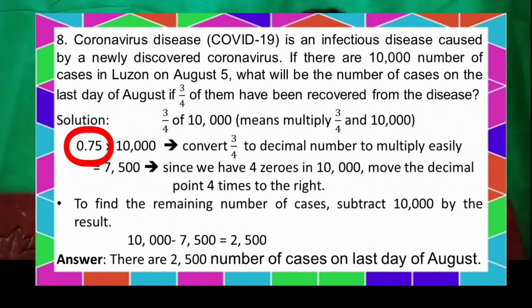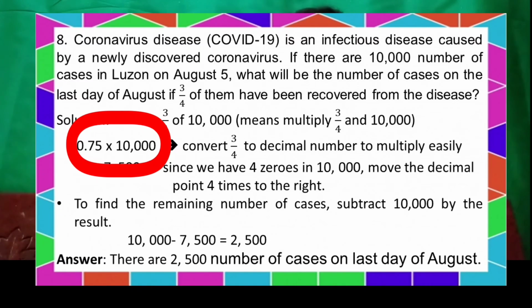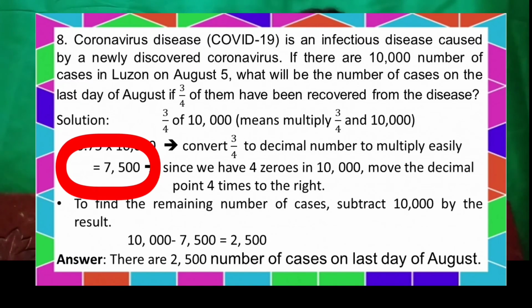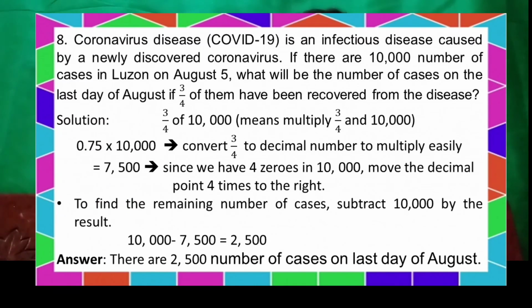We have 0.75. So 0.75 times 10,000 is equal to 7,500. Since we have 4 zeros in 10,000, we have to move the decimal point 4 times to the right in 0.75. So 0.75, 4 times move to the right, 1, 2, 3, 4.